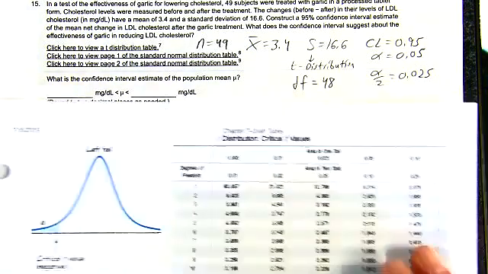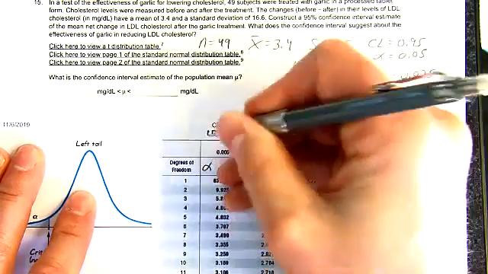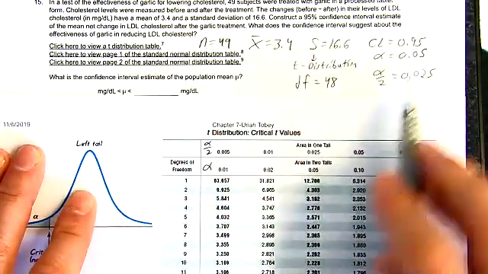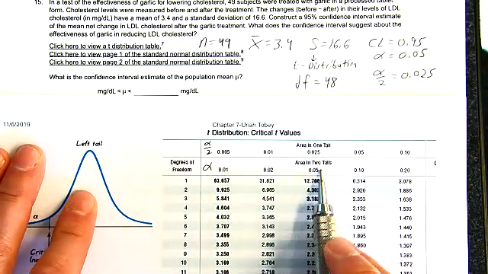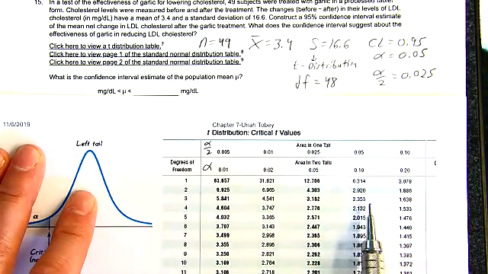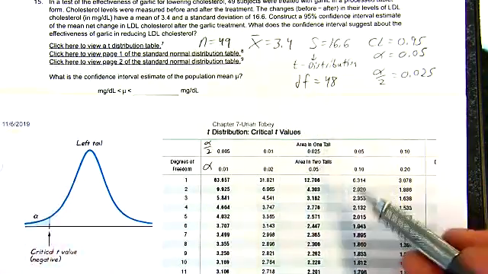So we're looking for, these numbers are for alpha, these numbers are for alpha over 2, left to right. Our alpha is 0.05, so we're right here in the middle. The alpha over 2 is 0.025, that's confirmed right here. So middle column, and we're looking for DF of 48.